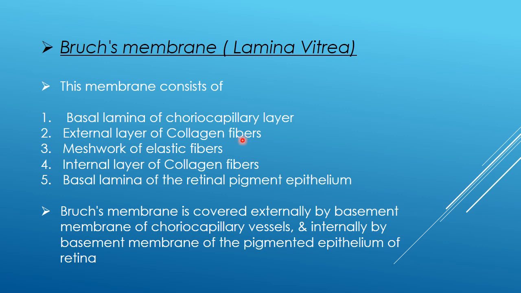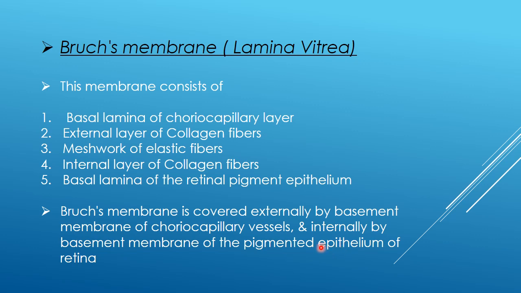The collagen fibers are present, and in between the collagen fibers there is a middle layer of elastic fiber. This is covered externally by the basement membrane of the choriocapillary layer, and internally this fibrous component, which has a double layer of collagen fiber with a middle elastic fiber layer, is lined by the basement membrane of the pigment epithelium of the retina.